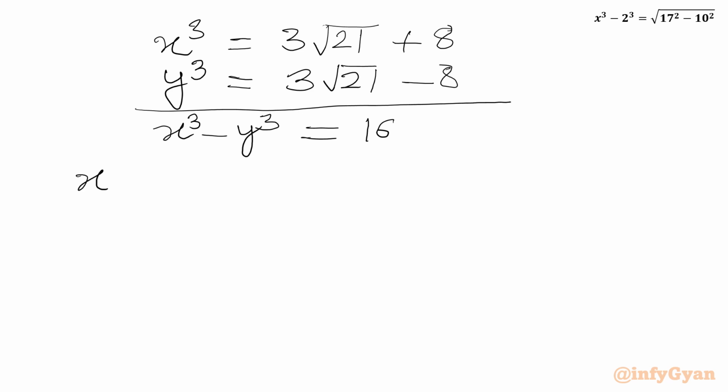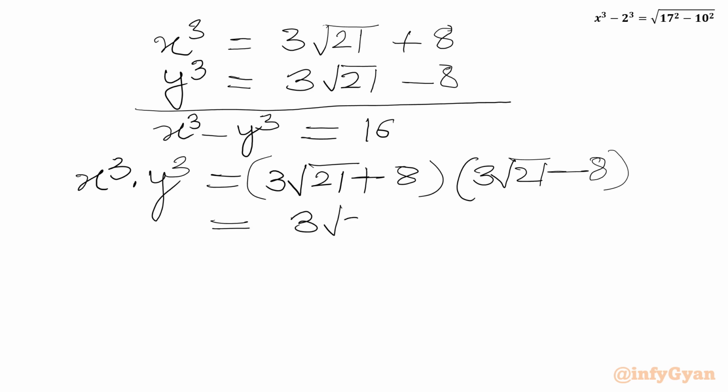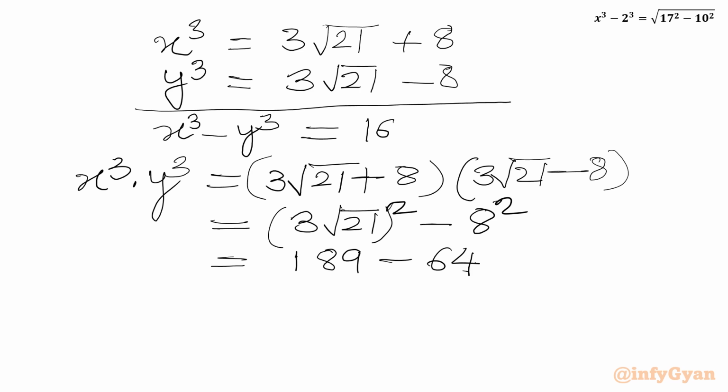Let's consider the product of these two, x cube times y cube. We can write this will be equal to 3 square root 21 plus 8 times 3 square root 21 minus 8. So a plus b times a minus b, we can use difference of two squares formula, and we can write 3 square root 21 whole square minus 8 square. So 9 times 21 is 189 minus 64.